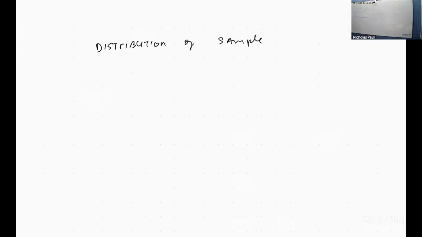Same principle, but instead of X bar, because it is proportion and sample, you're writing P with a subscript S. And it follows a normal with mean P and variance PQ all over N.